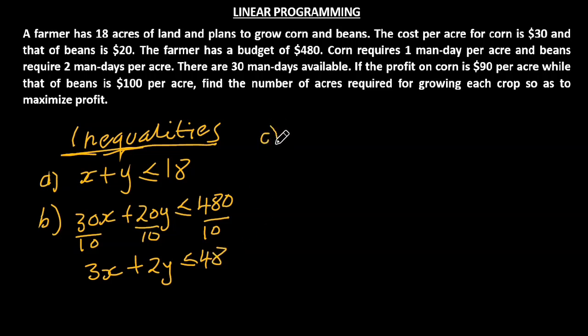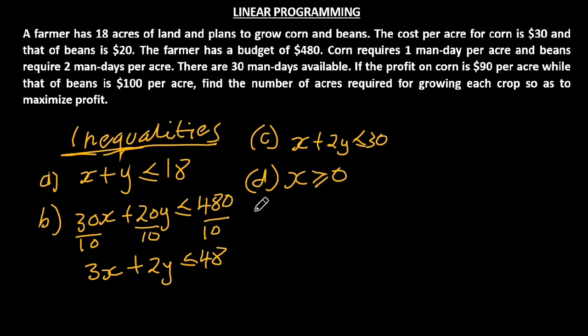My third inequality, from the man-days constraint, is x plus 2y is less than or equal to 30. The fourth one is x is greater than or equal to 0. My fifth and last one is y is greater than or equal to 0.